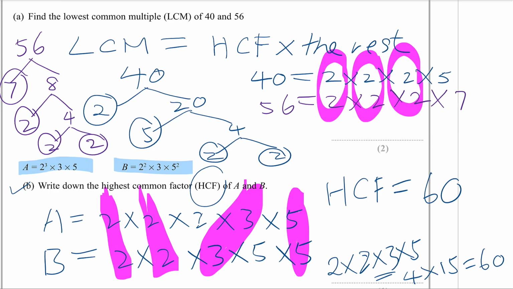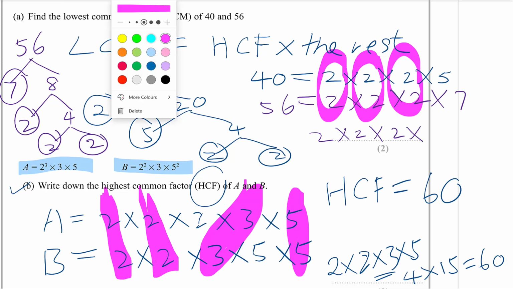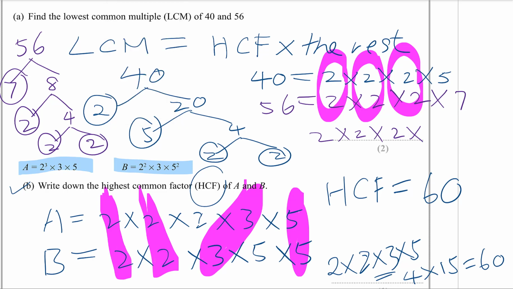Okay, so by definition, we know LCM equals to HCF. In this case it is 2 times 2 times 2 times the rest. So the rest refers to the 5 and the 7. So I'm going to times this by 5 and 7.